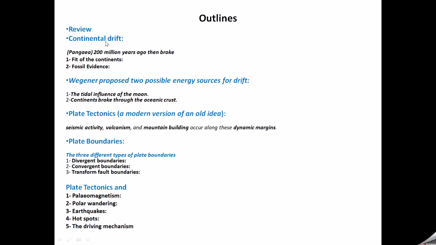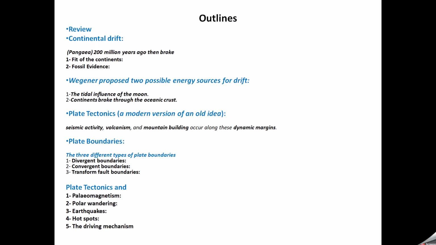Now we'll go to the next chapter, chapter 2, plate tectonics and continental drift. We'll study continental drift and Pangaea, which formed 200 million years ago and then broke up. We'll see the fitness of the continents, how we could fit them together, and fossil evidence.